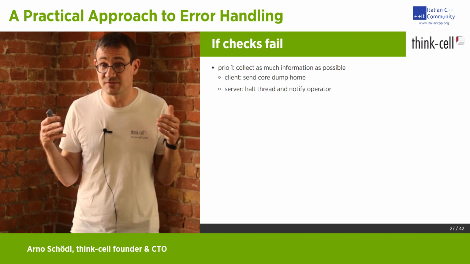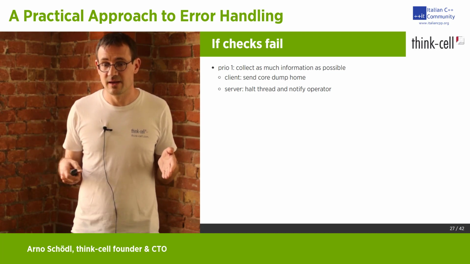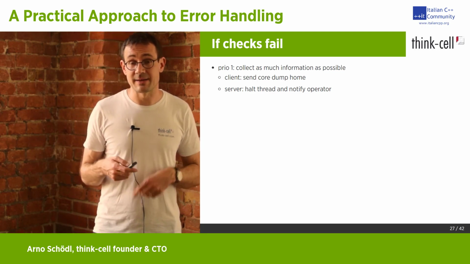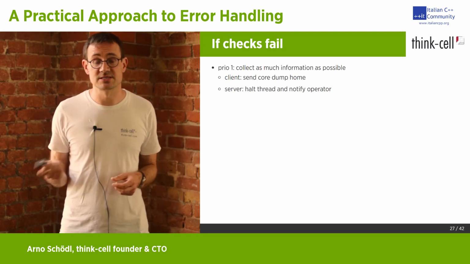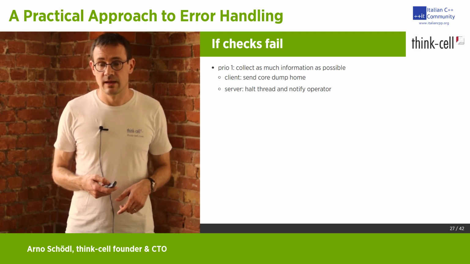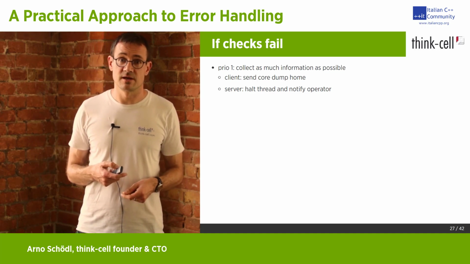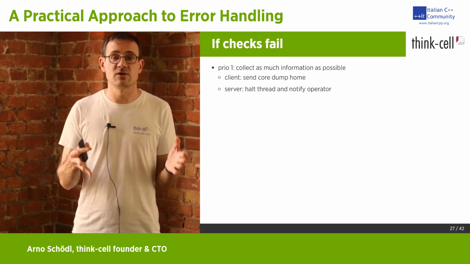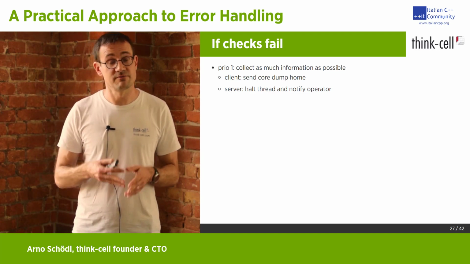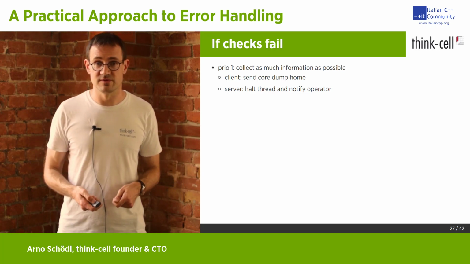And we have to fix it, and possibly we now do have to write error handling code for it. But for that, we need information. So on the client, when it happens out with the customer, we actually set the core dump to contain some information. The server actually halts the thread that is currently executing. And that's the best freezing of state you can have, where you can introspect the system really well. If the threads are just stopped, you can now attach with a debugger to your server and see what's gone wrong.